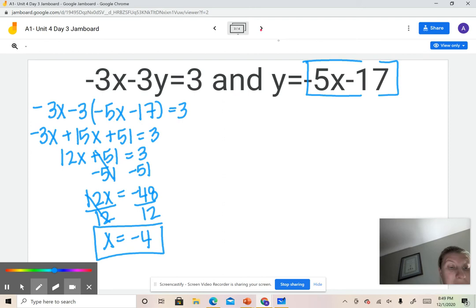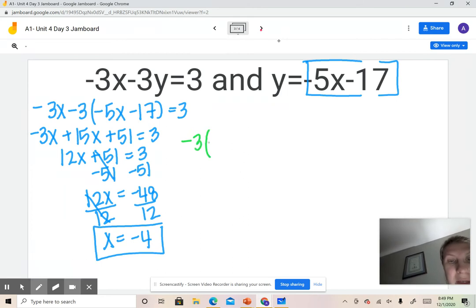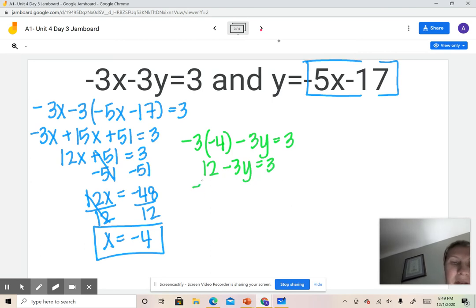What do I do with that? I plug it right in. I'm going to plug in the first one just like I have been. So negative 3 times negative 4, because that's what x is, minus 3y equals 3. So I have 12 minus 3y equals 3. Subtract 12 from both sides.